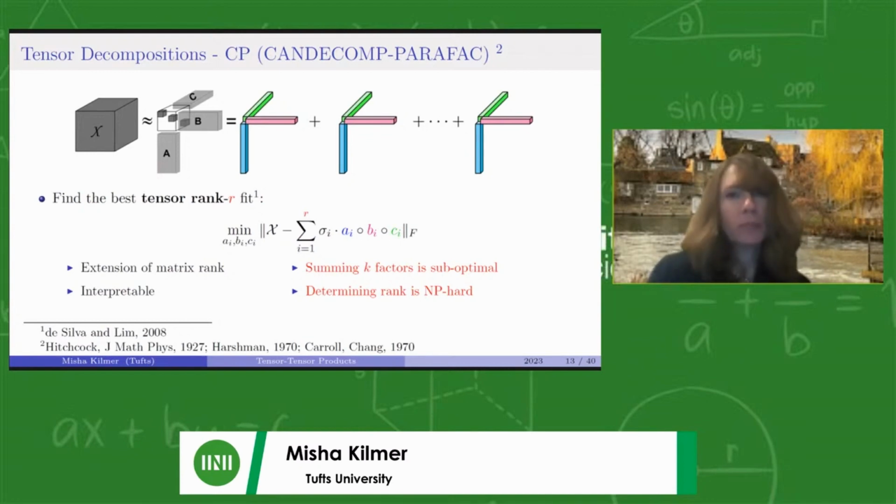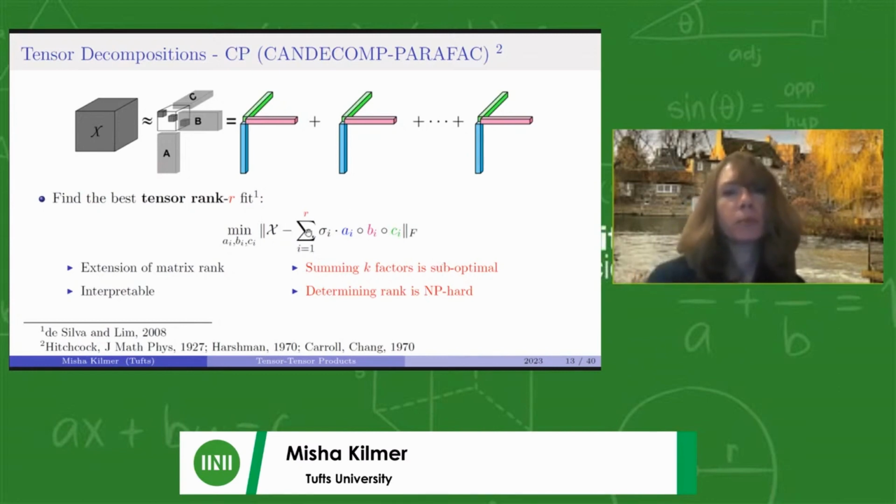So we're not going to be able to do that. Unlike in the matrix case, where it's polynomial in time and can be done, in the tensor case it's NP hard.